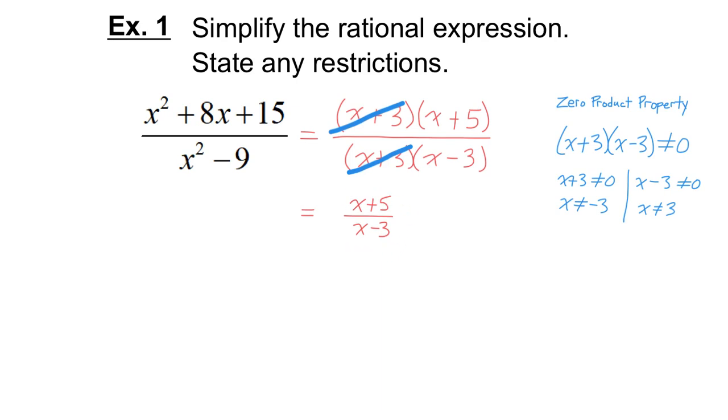This is now simplified. And to finish it off, I have to state my restrictions. So yes, the function is x plus 5 divided by x minus 3, but I have to say x cannot equal positive 3 or negative 3. And the reason for that is what I already discussed over here.